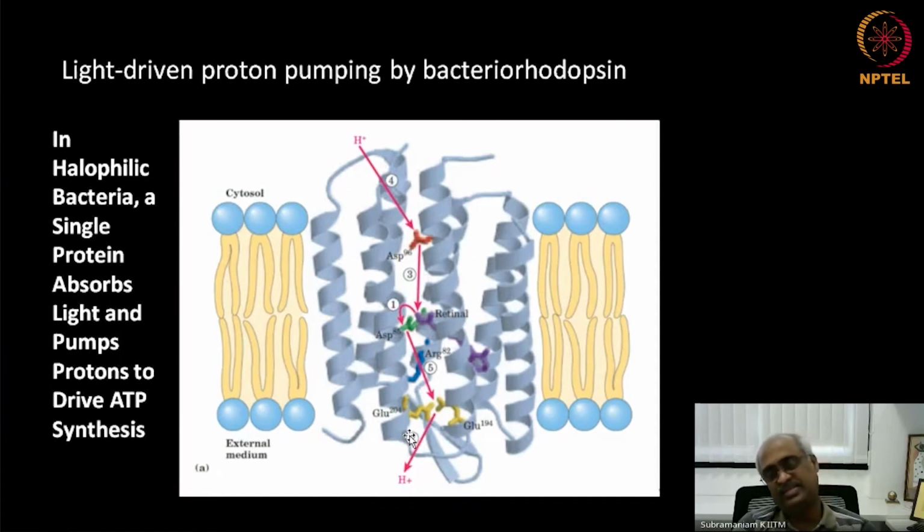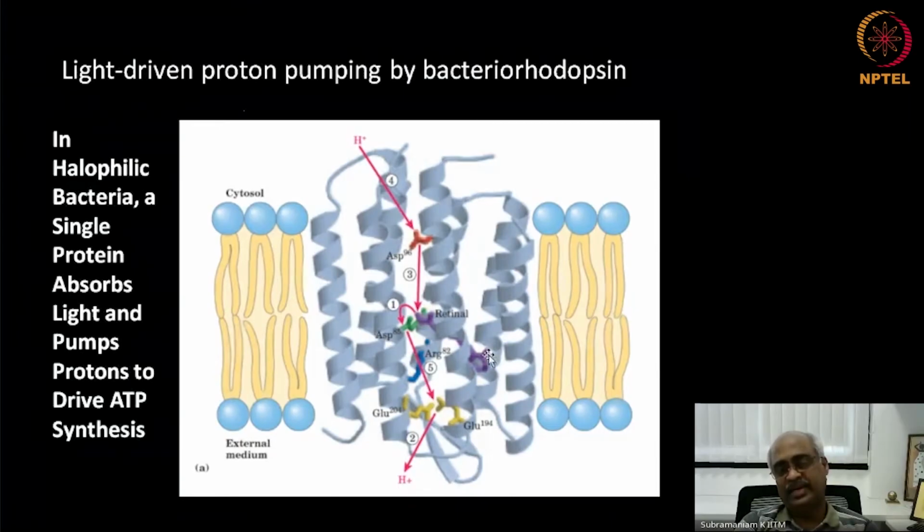In such a high salt concentration environment, although this bacteria like us uses oxygen and burns fuel like glucose available from the surrounding media to obtain its ATP and energy requirement, the oxygen availability in such environments is very low. And due to that, it supplements its energy requirements by using this protein and making some ATP synthesis.